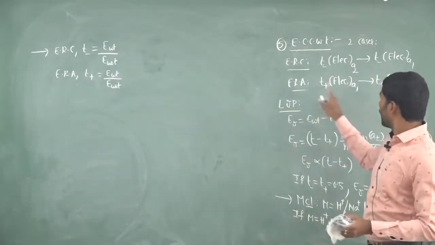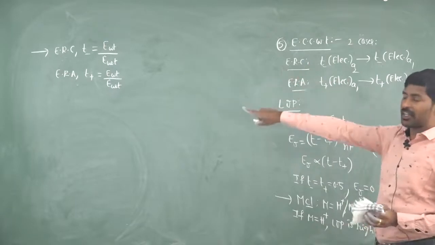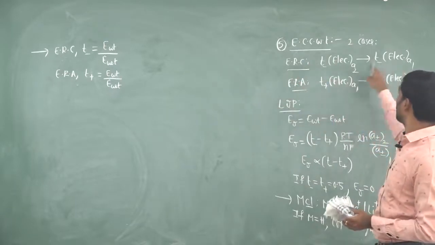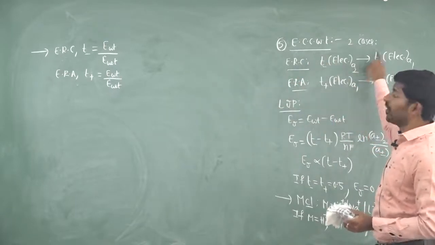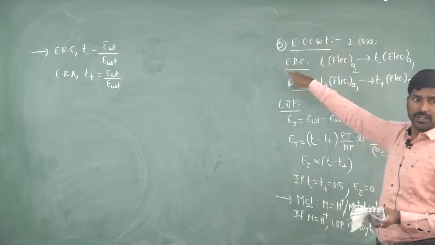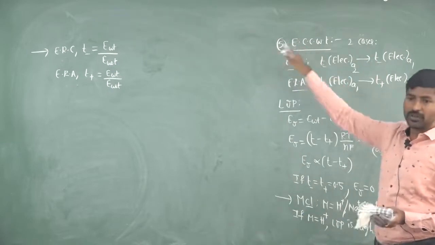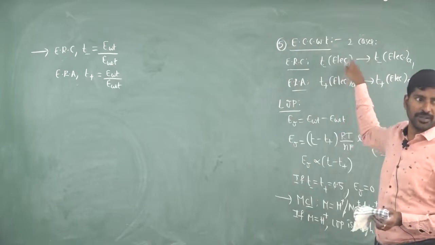The equations are the same. There also the electrolyte transfers from A2 to A1. What extra are we getting? T minus extra. That's why if you do E with transference by E without transference, we will get these transport numbers.